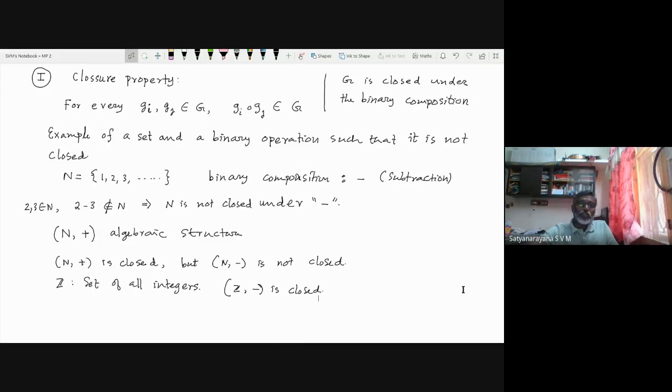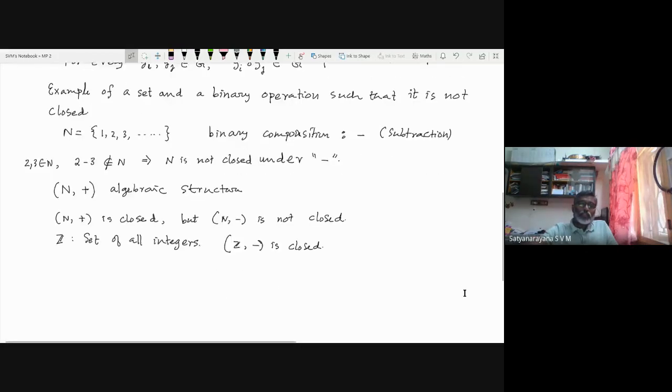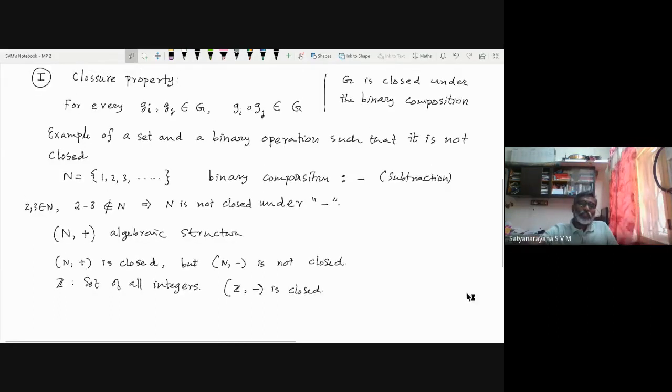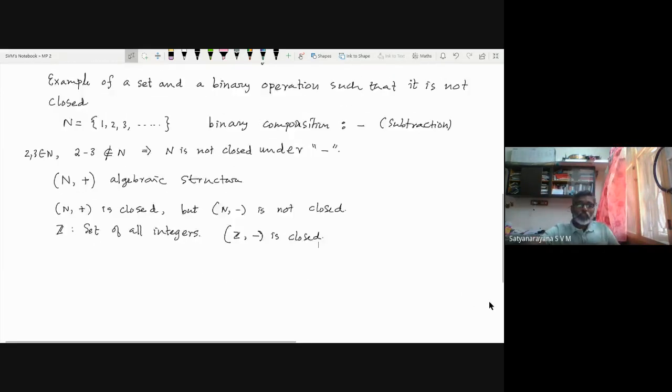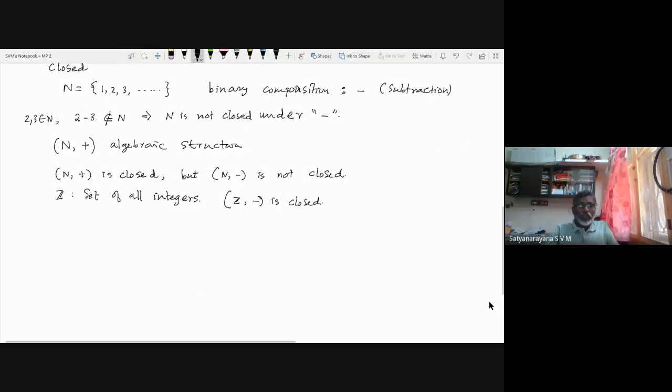Okay, closure property is important for a set and a binary operation to become a group. So closure property is the first important property that a set with a binary composition should satisfy.